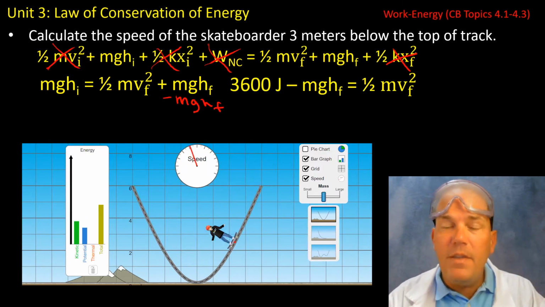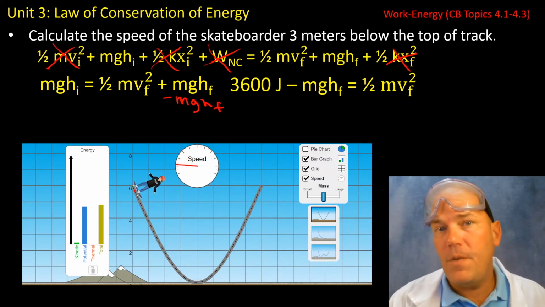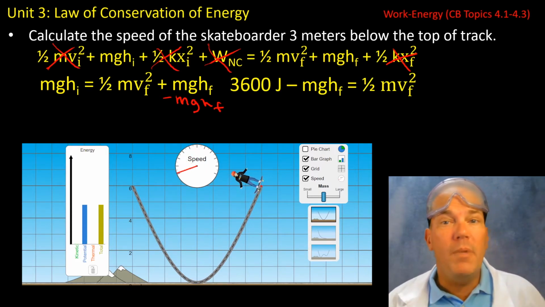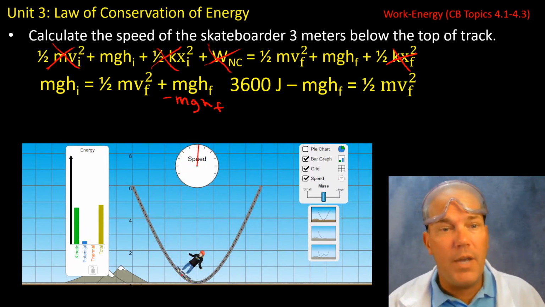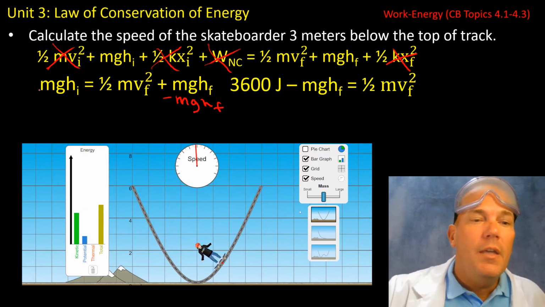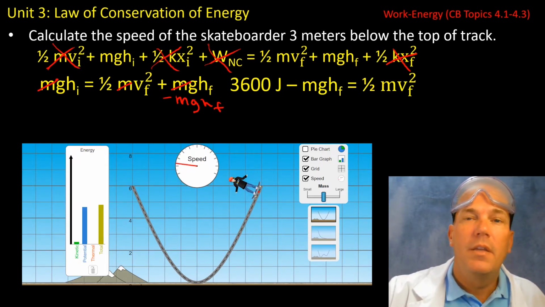Algebraically, we're solving for the final velocity. And our final velocity in this scenario, we've defined as 3 meters below the top of the track. I also want to show you, if you were to plug in values, mass cancels out throughout this entire expression.